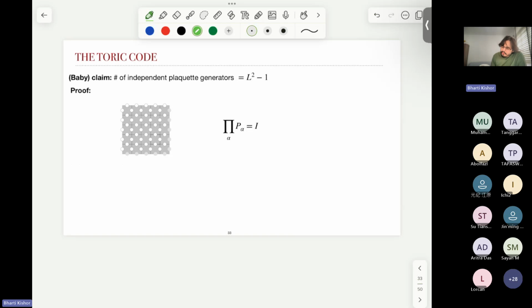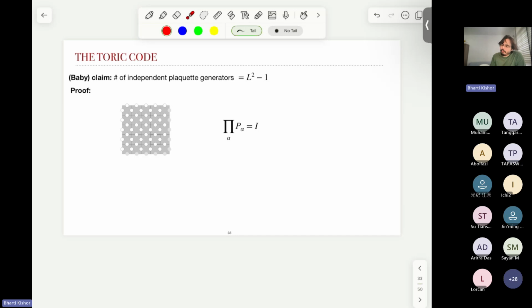Okay, so now you can see that, let's say I multiply all my plaquette generators. It will cover the entire lattice, and because it's periodic, I will have nothing left, because there is no boundary. So basically it becomes identity.